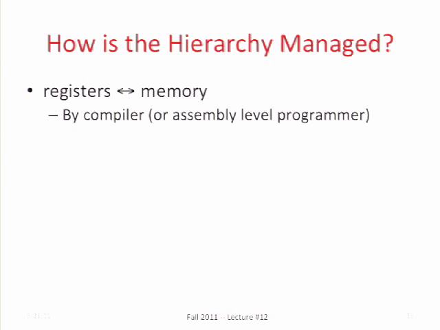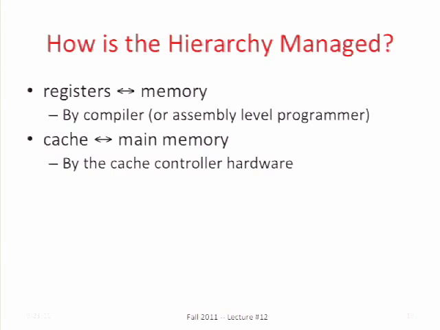The hardware is going to do that for you. That's why when you write MIPS code, you never see anything about a cache. You've got registers, you've got memory, and there's a big void in between. In fact, before this lecture, you might not have known there was anything in between. That's because the hardware is handling that for you. Good thing for us. It's an abstraction. And main memory to disks, it's the operating system's problem. We'll talk about that later. So we're just going to focus on this one.